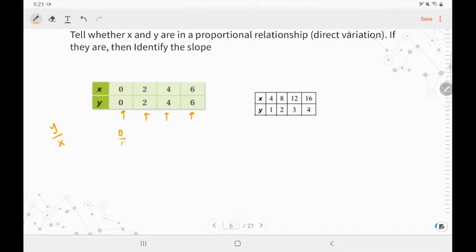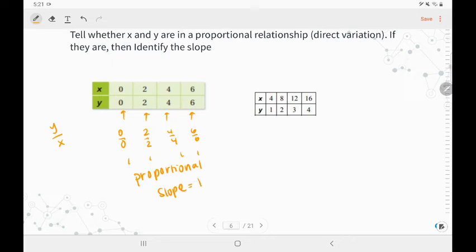So 0 divided by 0, 2 divided by 2, 4 divided by 4, 6 divided by 6, they all equal 1. So because they all equal 1, I can say that it is proportional, and my slope is equal to that 1.